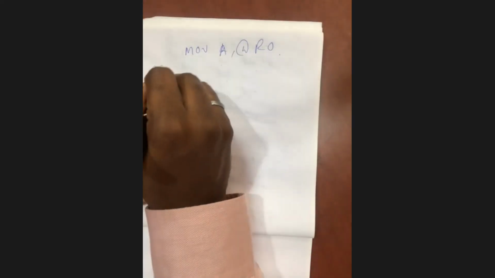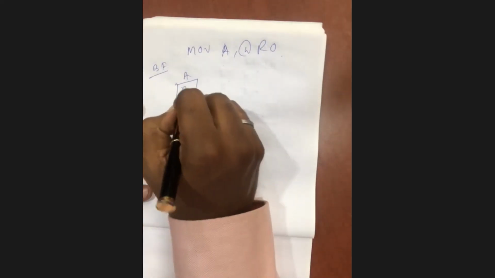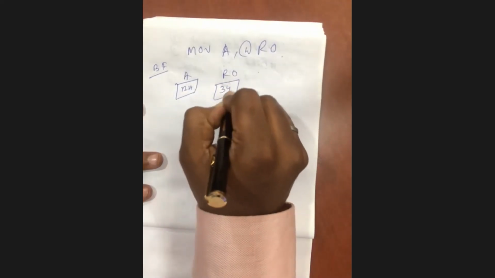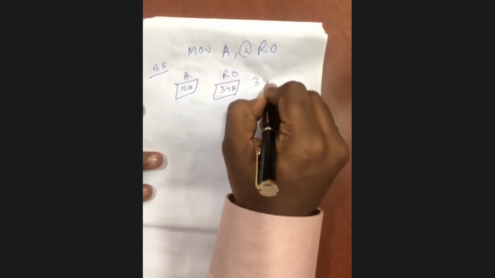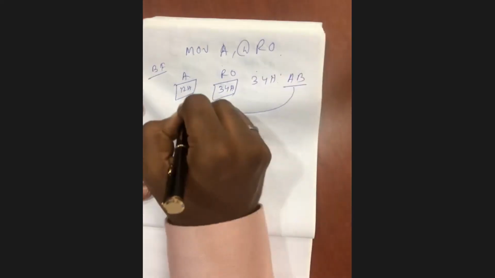Means, say before the instruction, the accumulator is 12H, R0 is 34H, and 34H has AB. This AB will be copied into the accumulator.